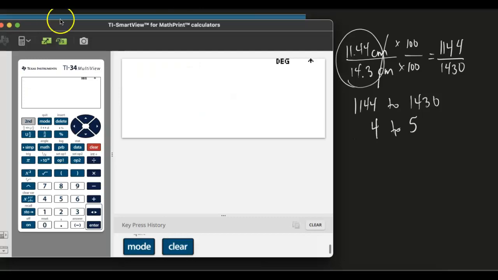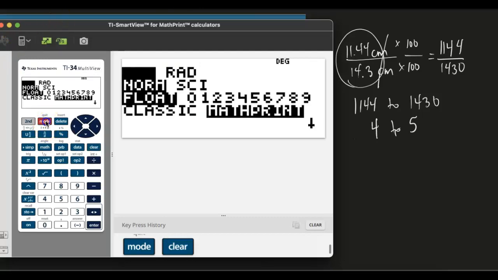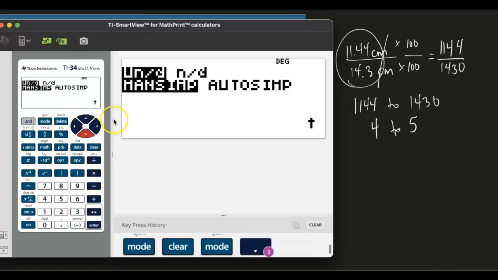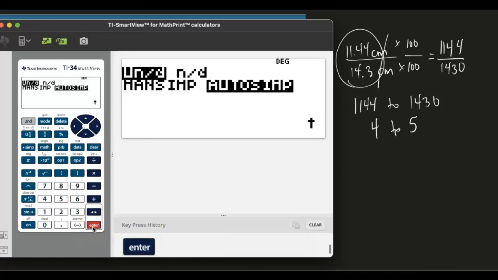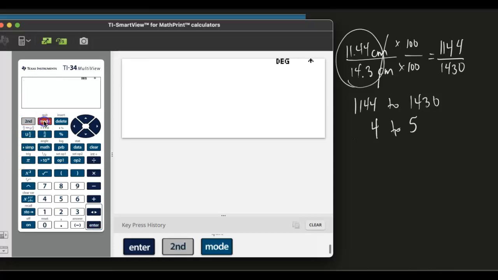There's one more feature I want to show you here on the calculator, and that's underneath the mode key. If we scroll all the way down, this is short for manually simplify and then auto simplify. So I want to select this by pressing enter, and notice it's kind of like a toggle switch. Let's turn that on. And then I can press second mode to quit that screen and come back to the home screen.